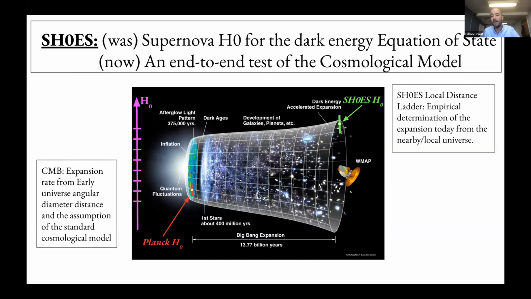And then over here, we get a measurement of the local value of the expansion rate. And that's what SH0ES is doing, with this distance ladder approach in the local or nearby universe that gives us the value today. And basically the story is that these two results don't really agree with each other.